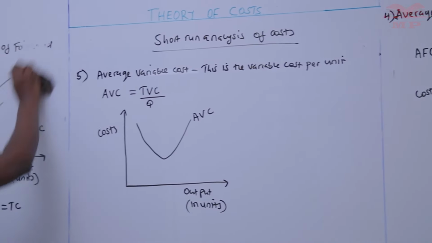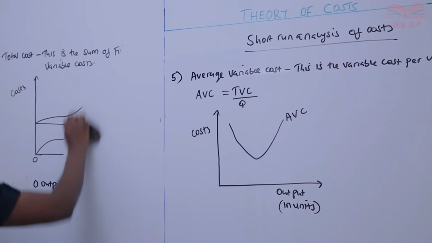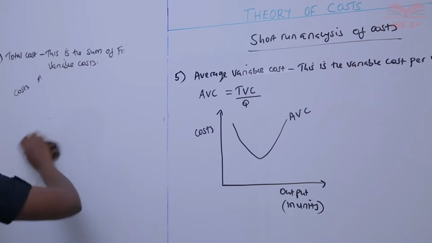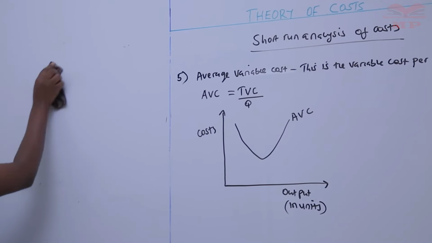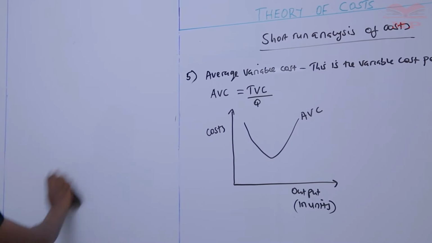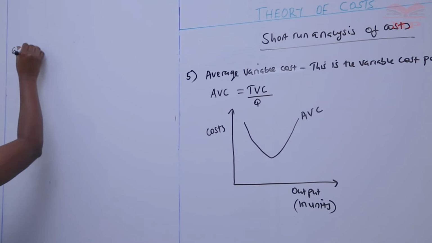And then we move on to the other cost, which is average total cost. This is our number 6.